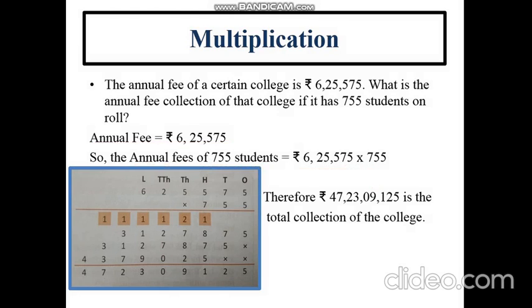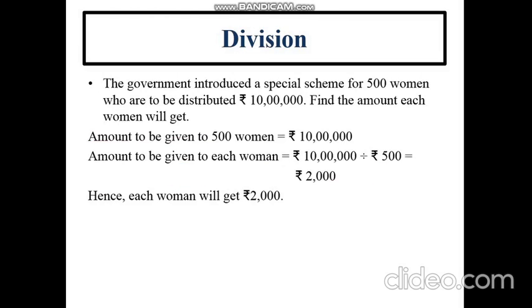Now, the last operation is division. If anything is reducing or subtracting continuously from the total, then we apply division. Let us take an example. The government introduced a special scheme for 500 women who are to be distributed 10 lakh. Find the amount each woman will get.